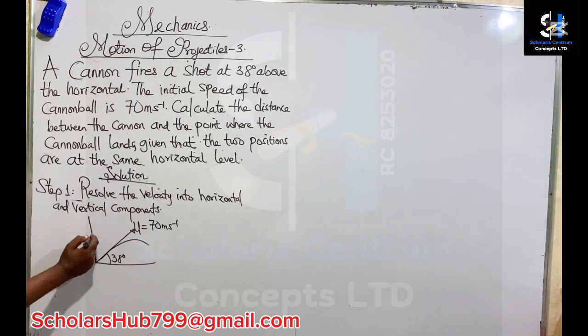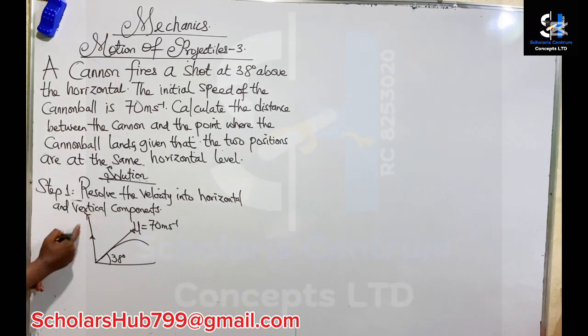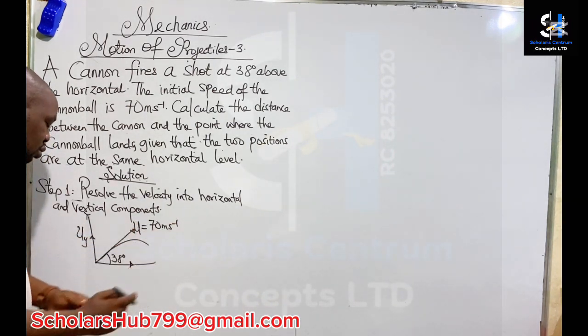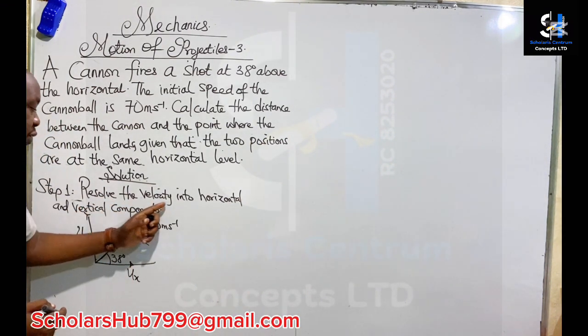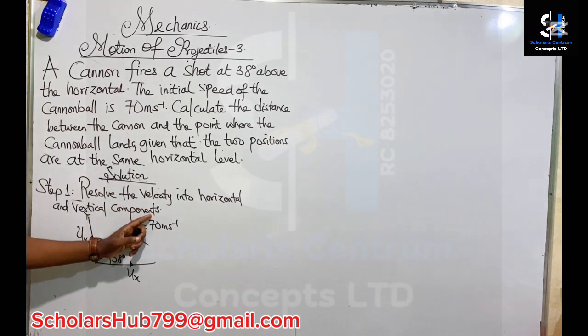So when we resolve the velocity, we consider the velocity along the vertical direction, vertically upward on the y-axis, that will be uy, and the velocity along the x-axis, which will be ux. That's why we need to resolve the velocity into horizontal and vertical components.